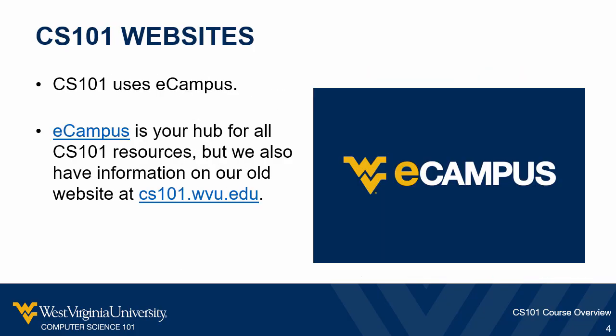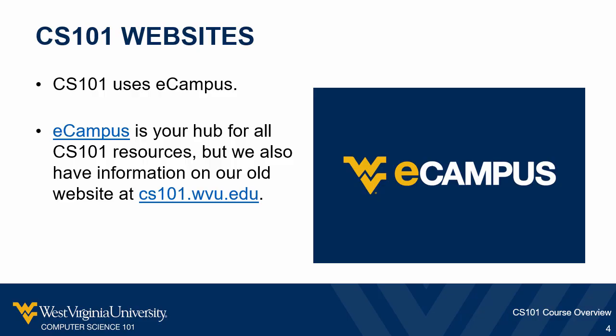This semester, all the information that you're going to need for CS 101 is available in our course in eCampus. Sometimes this might involve clicking on links in eCampus that will take you to other systems, like over to MyLab IT to complete your MyLab lessons or participation projects, or to take you to pages on our standalone website at cs101.wvu.edu to view information there.